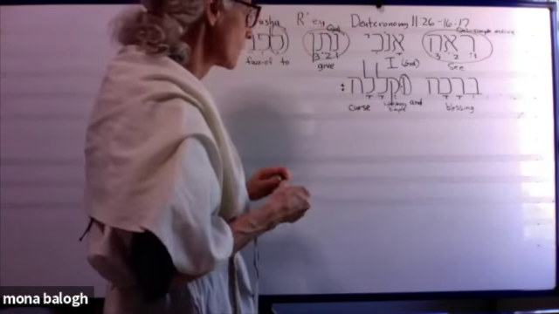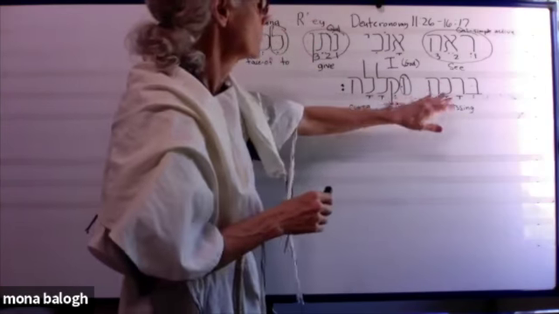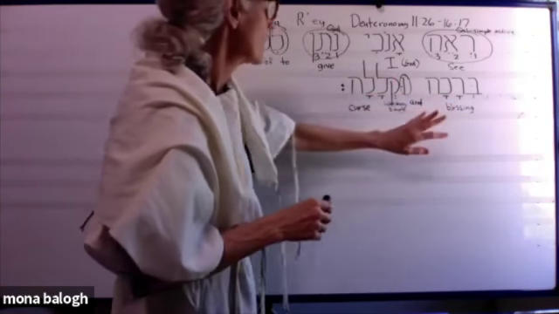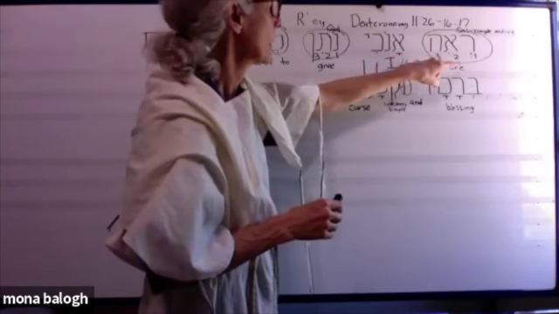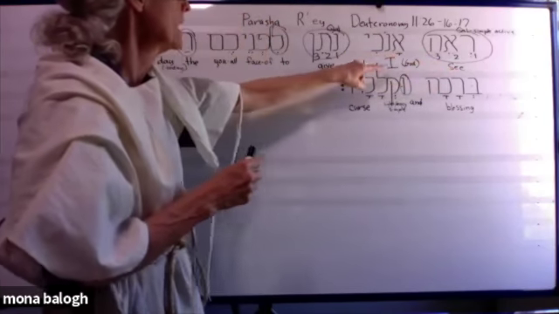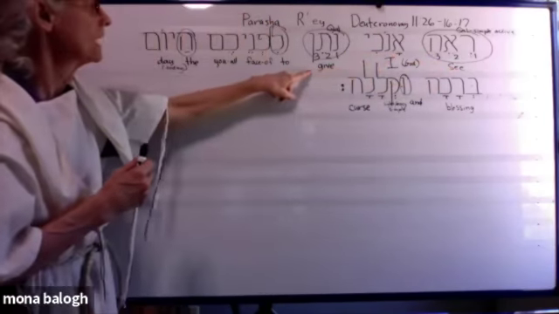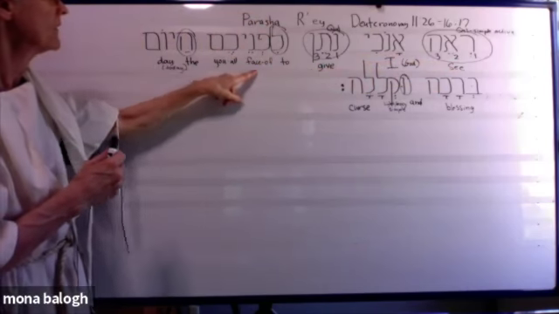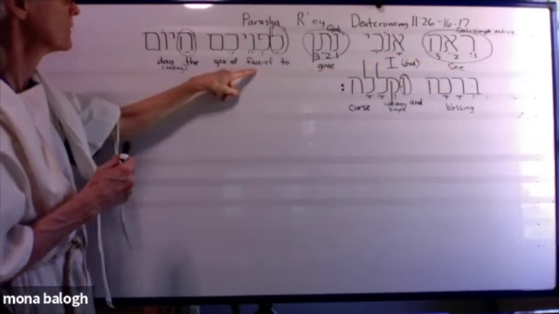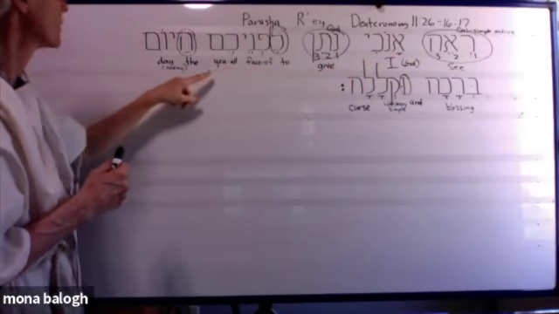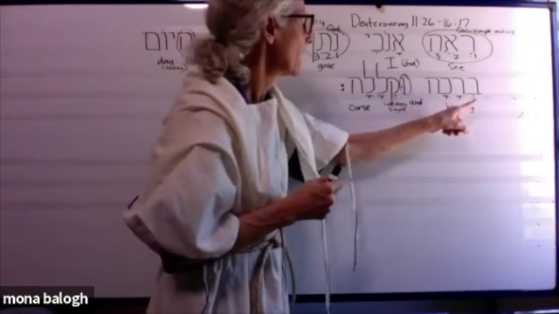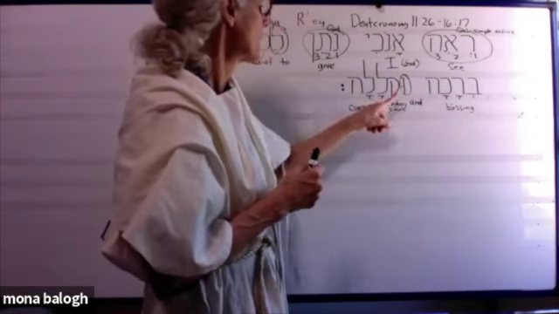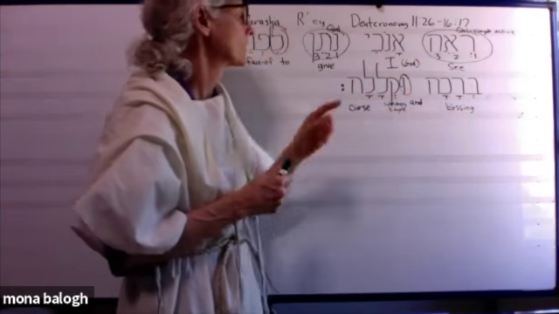God is saying that that's a curse. So you choose a blessing or you choose a curse. And that's exactly what Moses is quoting God saying. See, Anochi, I, God, notain, give, lifnechem, to the face of you all, or to you all, hayom, today, beracha, blessing, u kelala, and curse.